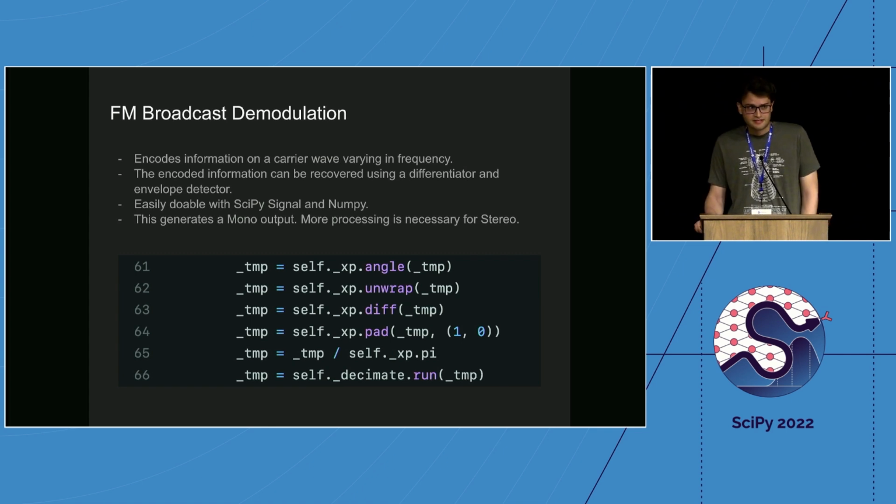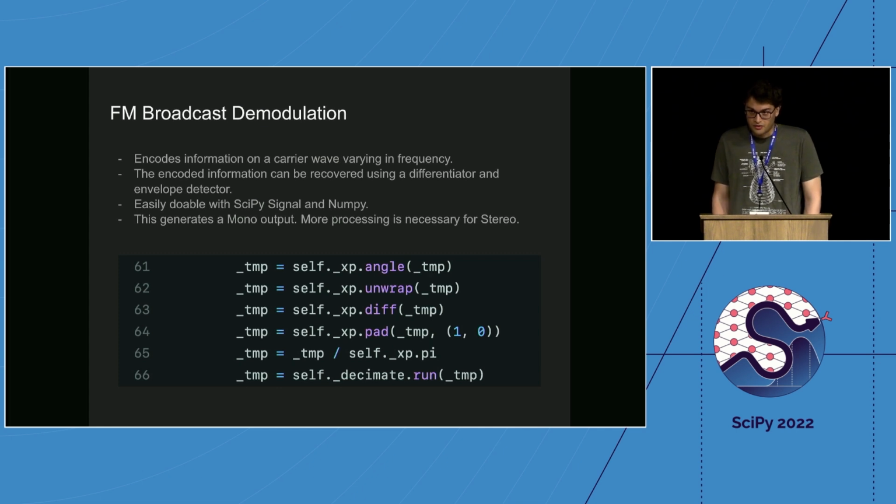And it turns out this is quite easy to do with vanilla NumPy and SciPy signal functions. For example, here we have the demodulation of FM using just NumPy and SciPy for decimation. So first we take the angle of the IQ signal that comes out of the SDR.